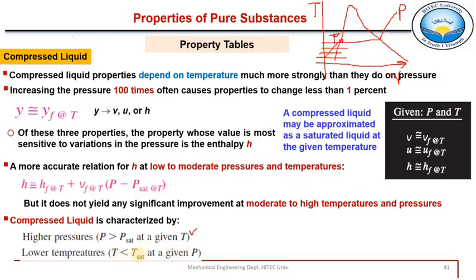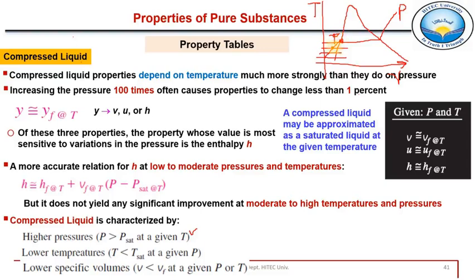The reverse was true for the superheated region. T was greater than Tsat at a given P, and P was less than Psat at a given T. Similarly here, for volumes, for example, this is a point in the compressed liquid region. At this temperature and pressure, this specific volume is less than the corresponding Vf at that temperature or at that pressure.